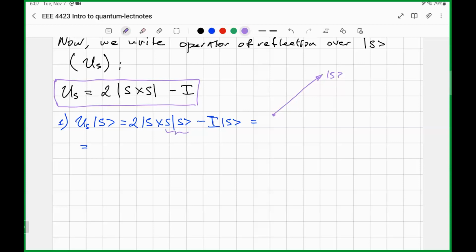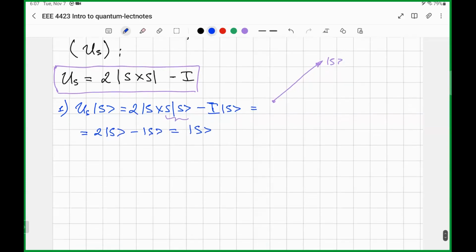It's 1. So the result is 2 vector S minus identity operator applied on the vector S gives me vector S. So the result is the vector S. So nothing is changed. This is the first.